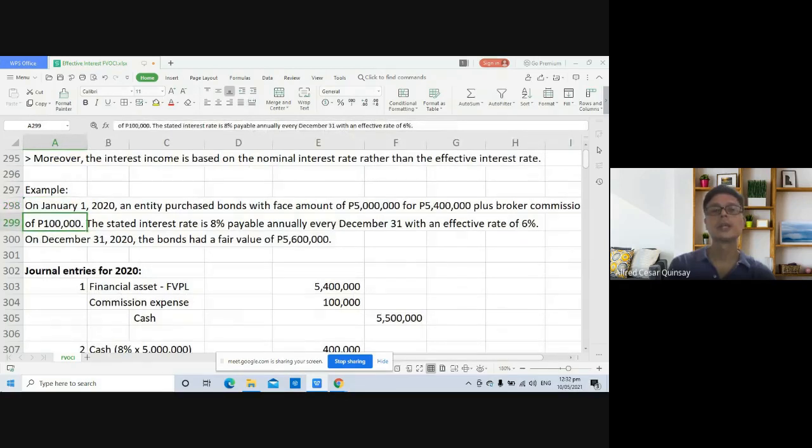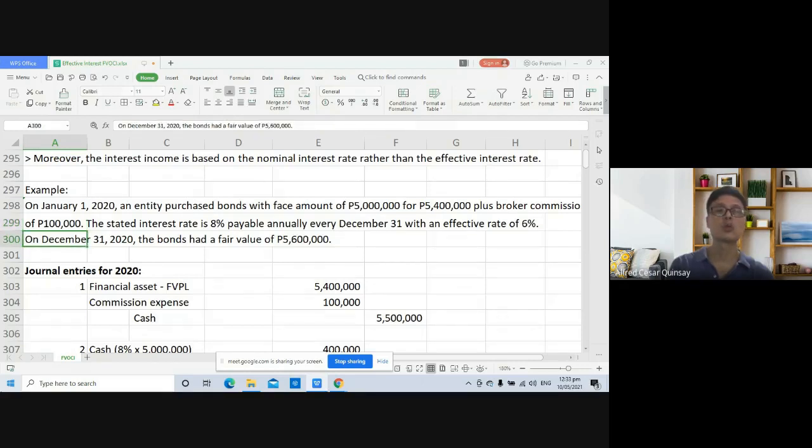Stated interest rate is 8% payable annually every December 31 with an effective rate of 6%. So mas mataas yung stated rate niya or yung nominal rate niya kesa doon sa effective rate. Okay, that's why this is a premium.